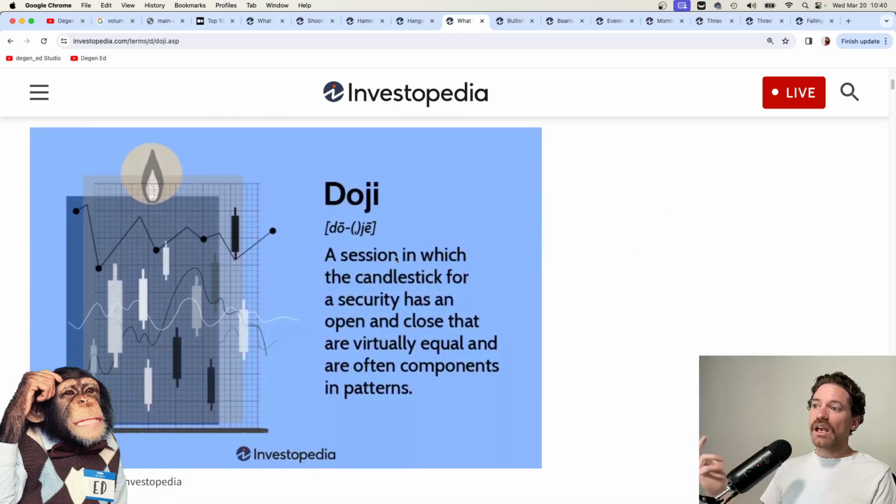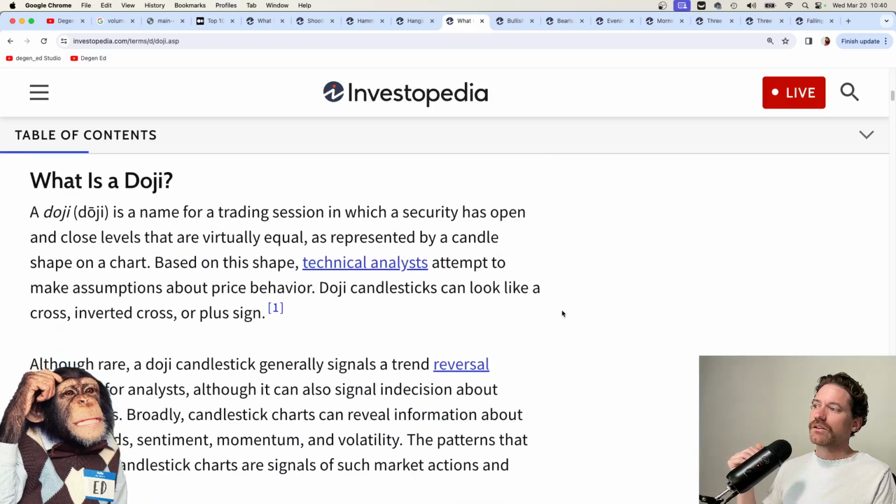A session in which the candlestick for a security has open and close that are virtually equal, and are oftentimes components in the pattern. So it's good to pay attention to these relative to the other candles that you're seeing in the chart. So what is a doji? A doji is a name for a trading session in which a security has open and close levels that are virtually equal, as represented by a candle shape on the chart.